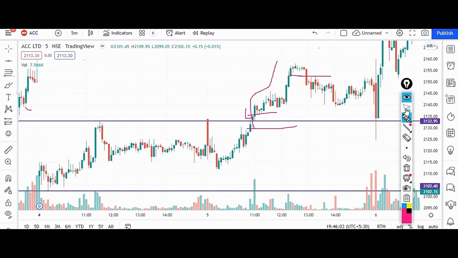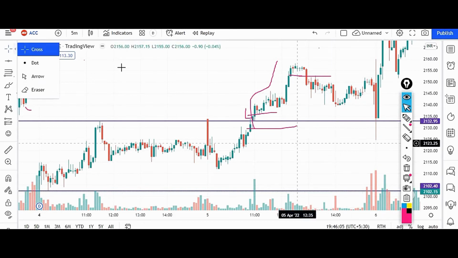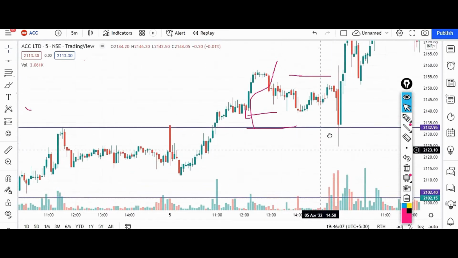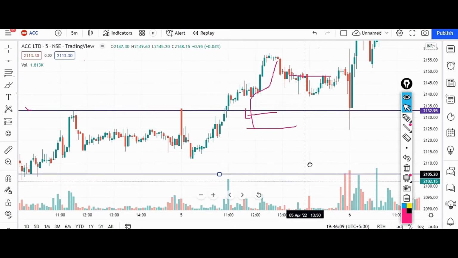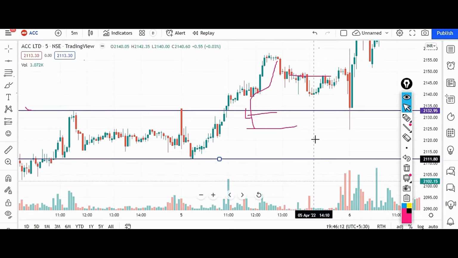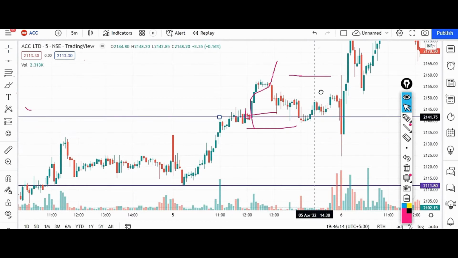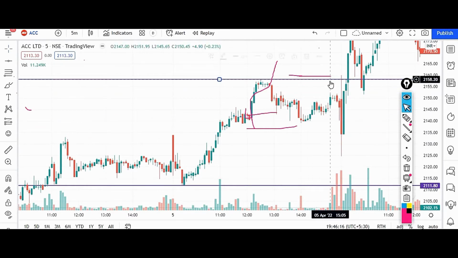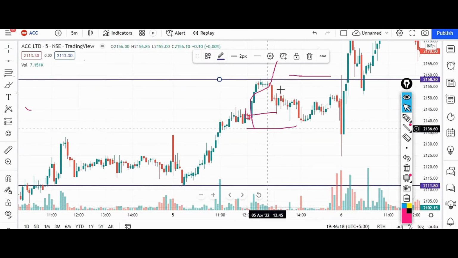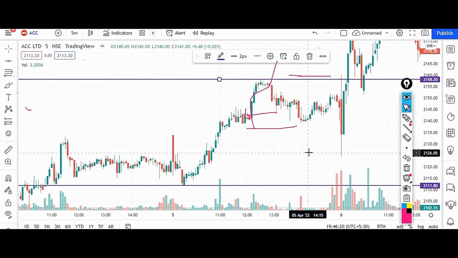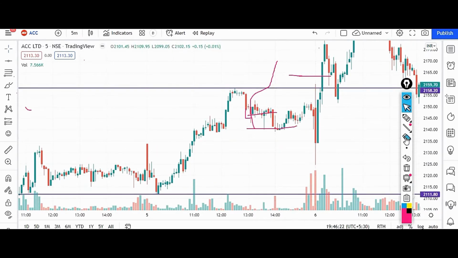What you should do before the trading hours is mark the previous day high and low. This is the low for the 5th and this is the high for the next day. If any one of these levels is broken, then price will go either upside or downside. If it is broken upside, then it will move upside definitely.